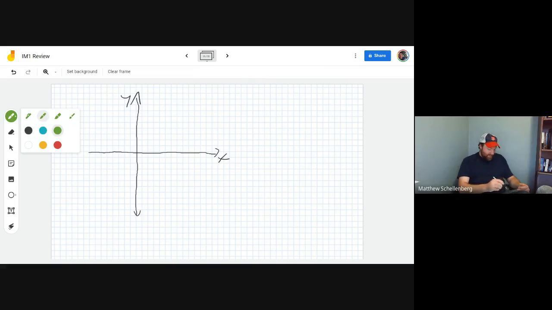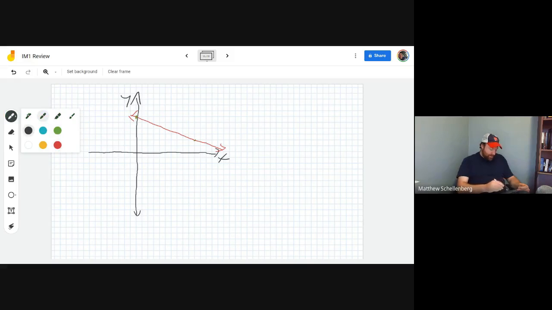So let's say I have a line like this, and it starts here at 3, and let's say it goes down. Say it goes down here. Nah, let's go 1 over. Say it does this. Okay, and can you tell what the equation of this line is simply based on looking at the graph?